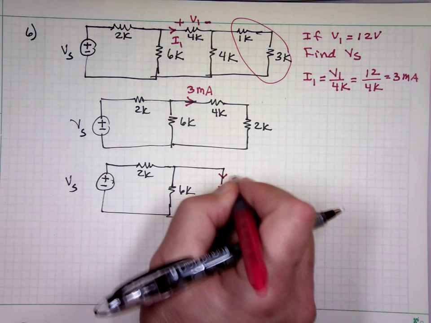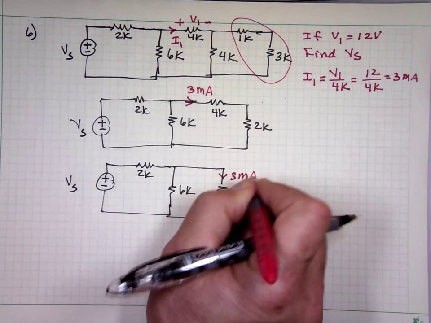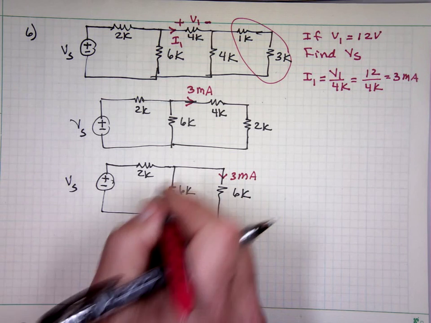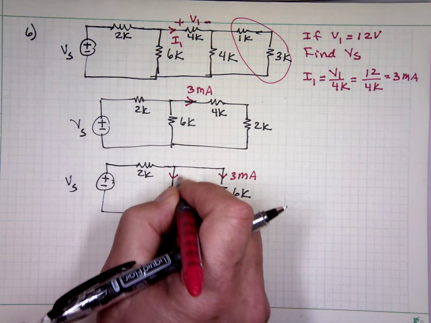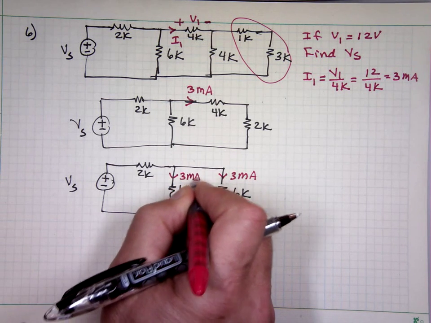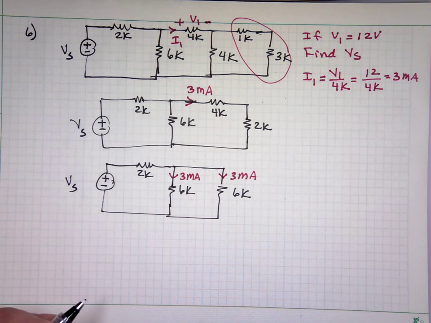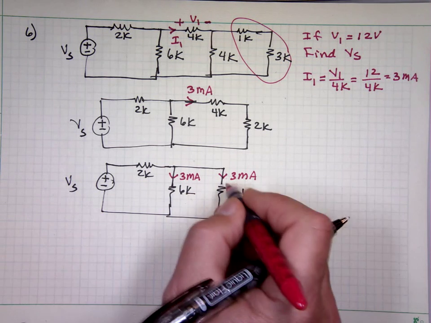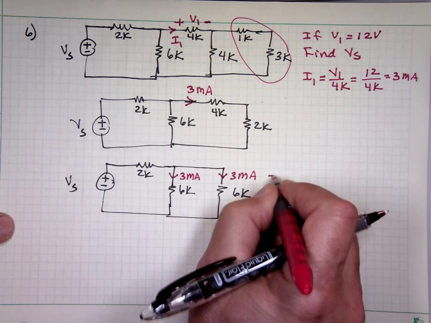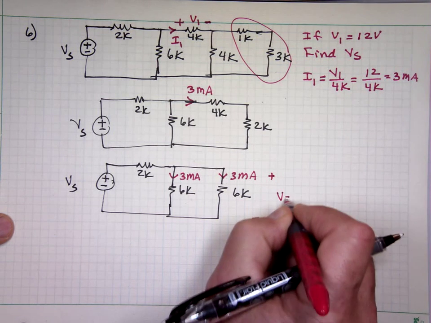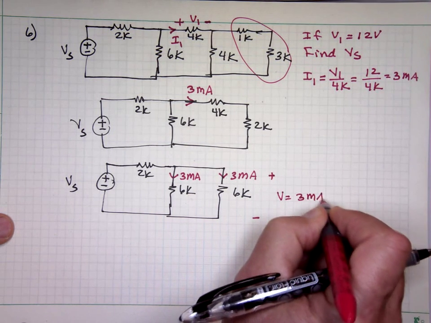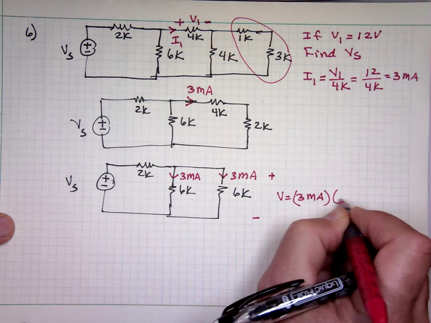I can do the math, but the fact these two resistors are equal, guess what that current here is? 3 milliamp, because the voltage is the same across them. What's the voltage between top and bottom? V equals 3 milliamp times 6K, and that's 18 volts.